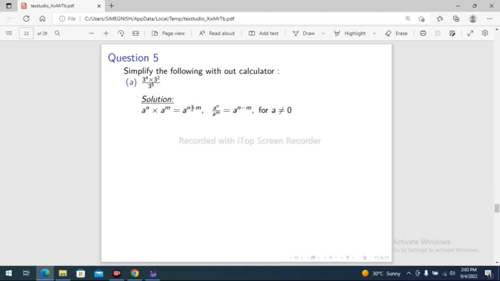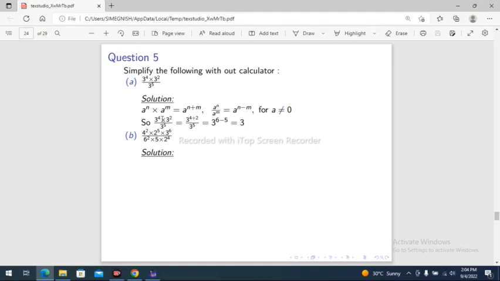So here is the rule: if you have the same base A, you take the exponents and add them up, and for the division you just subtract, provided that A is different from 0.